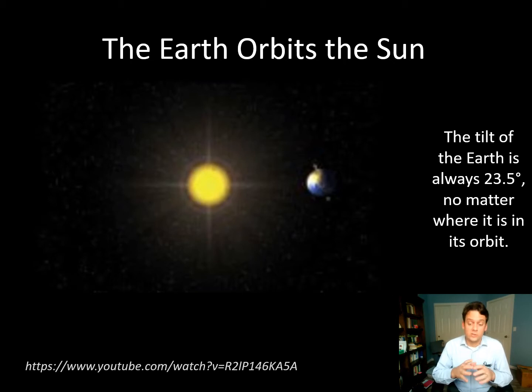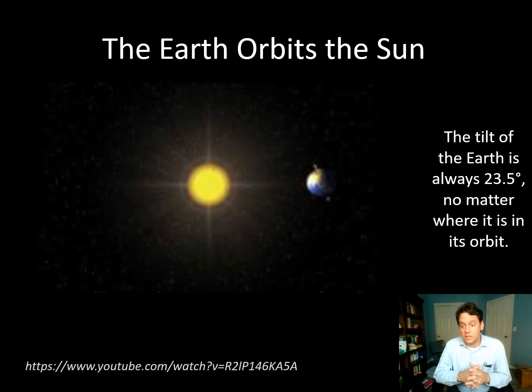And actually, as it turns out, we can exploit this fact to learn things about stars. In particular, we'll talk in a little bit about how the use of parallax allows us to use our orbit to measure the distances to nearby stars.